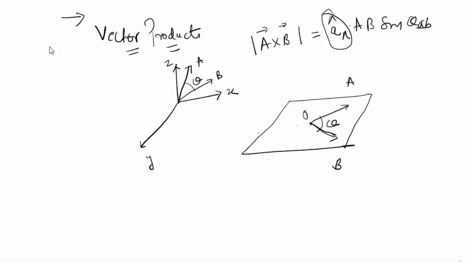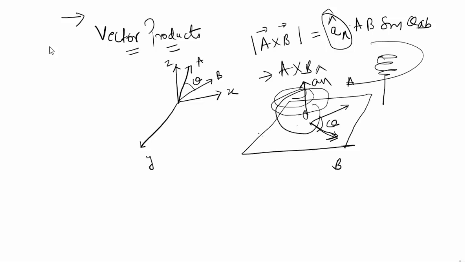Now I have the cross product A cross B, and when I move from A to B, I am moving clockwise. So while moving from A to B, I will be moving upwards. So my a_n will always be in the upward direction in which my screw will move when I rotate in the clockwise direction.